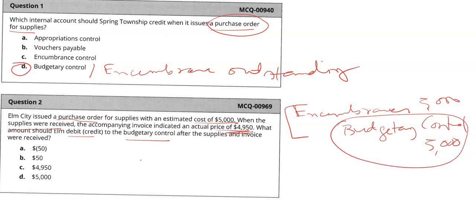That means they have to debit budgetary control here, and when they eliminate that encumbrance entry which was recorded at the price of $5,000, they will use this $5,000. Remember, not $4,950, because that is the actual expenditure, but to eliminate the encumbrances and budgetary control we will use $5,000. So the answer is D.